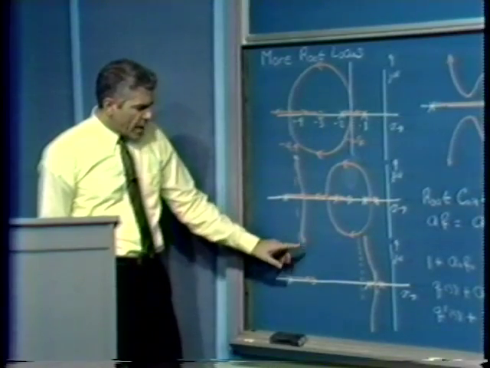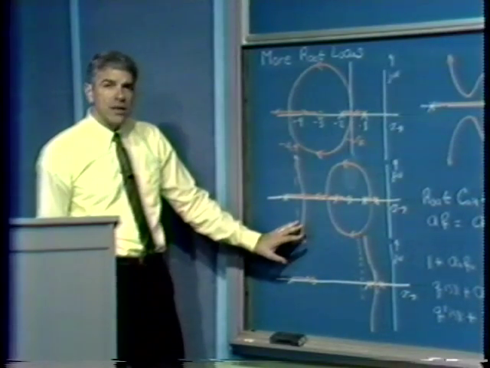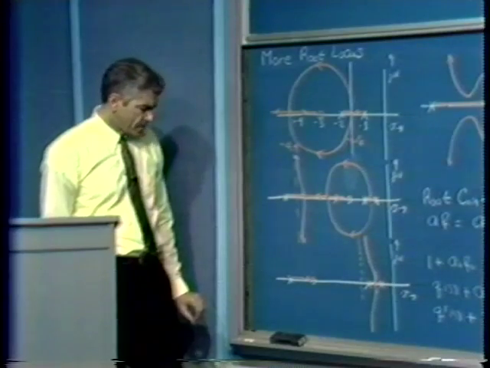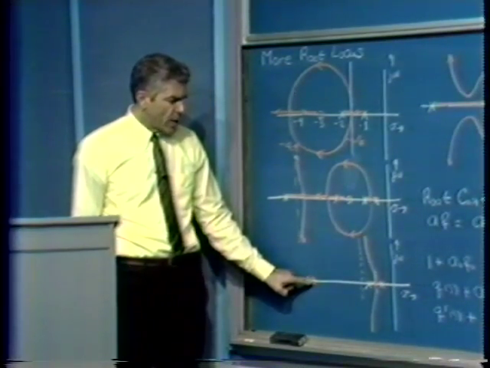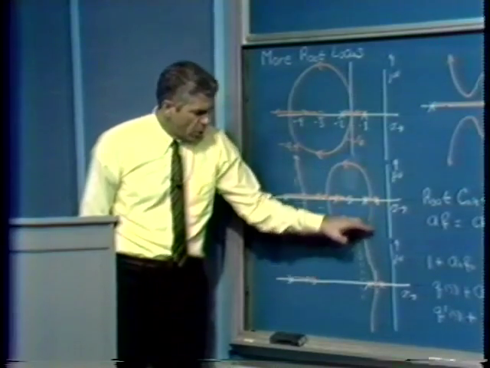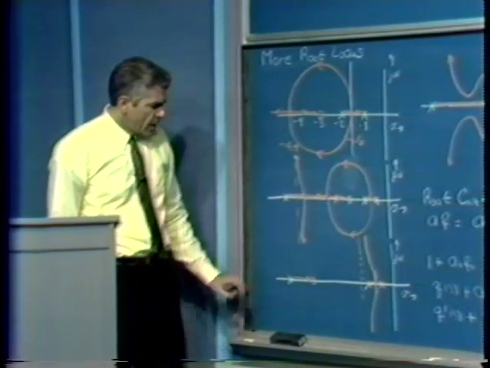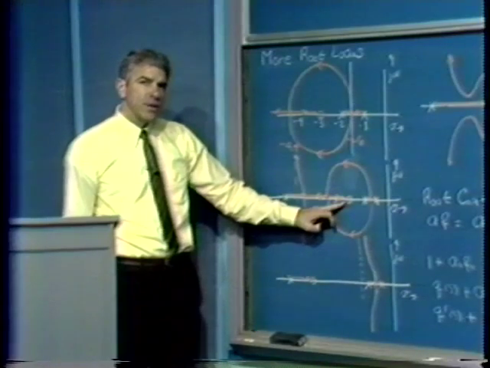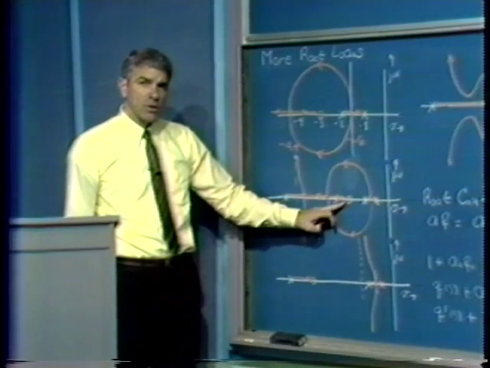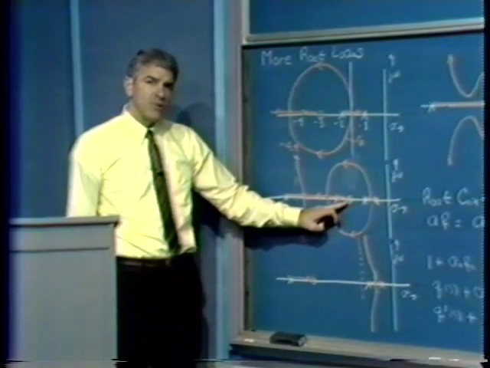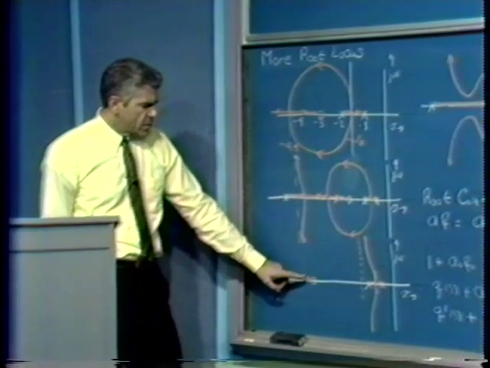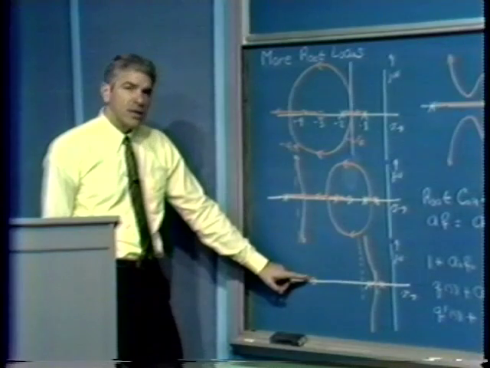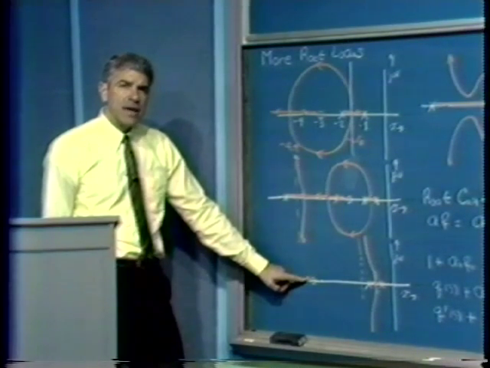They look like very, very dissimilar kinds of pictures. Yet, we have to have some sort of a gradual change from one to the other as we move, for example, the location of this zero. I've tried to show things with the poles lined up, and the only real difference between the root locus diagrams is the location of the zero. And we'd expect that there isn't a very dramatic, abrupt change in at least the behavior of the system.